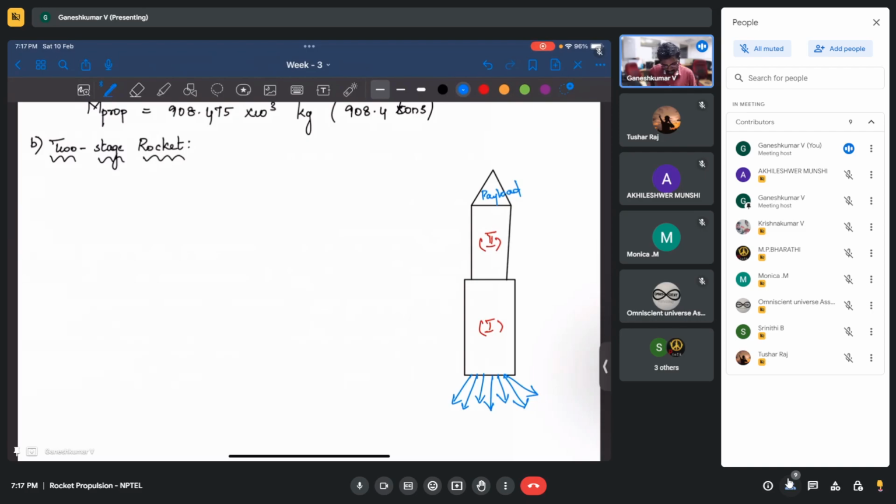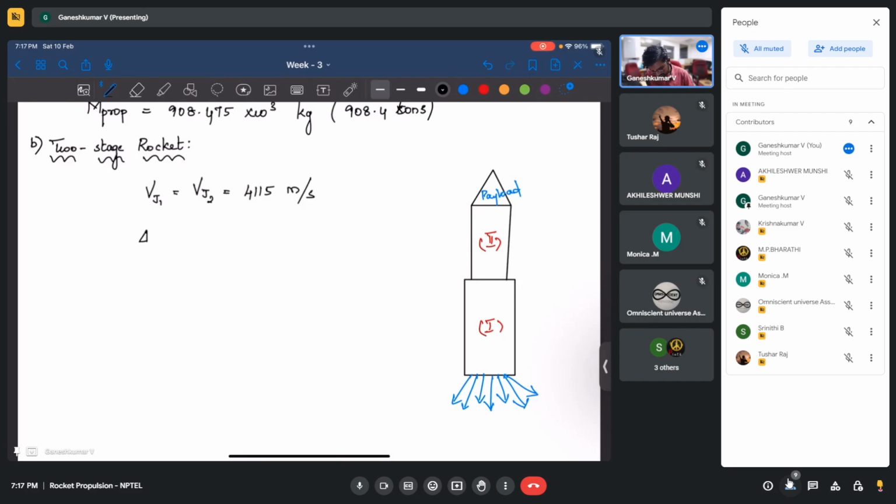If this is the case, what has been given is we are going to take the same jet velocity for both the stages. So let's say Vj1 is equal to Vj2 is equal to 4115 meters per second, and the delta V is equally divided between these two stages.